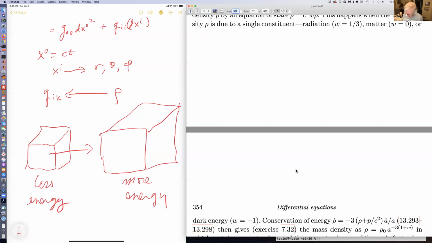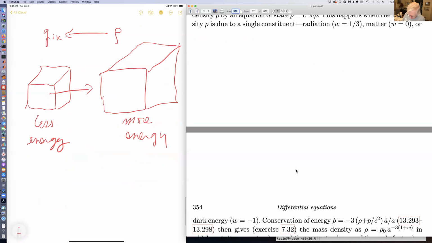And so what does this mean? The normal definition of pressure is that the pressure is minus the derivative of the internal energy with respect to size or volume.